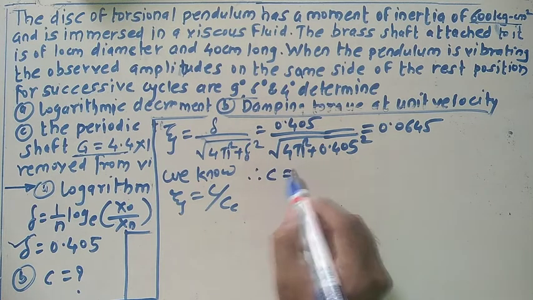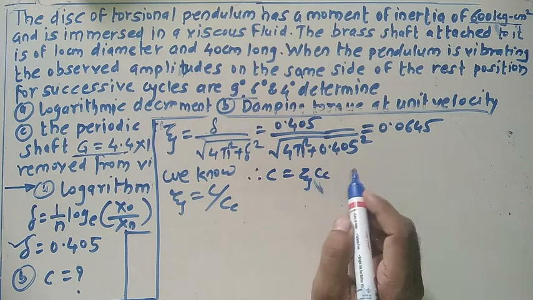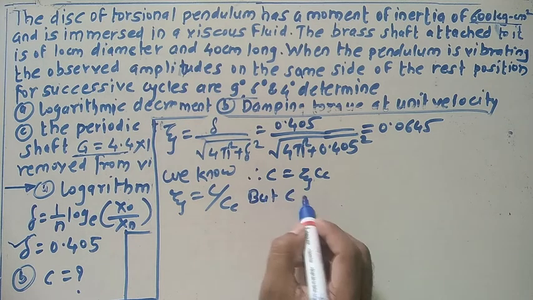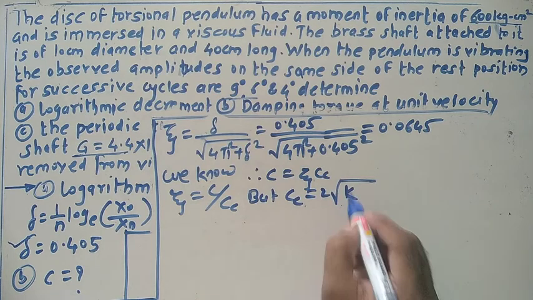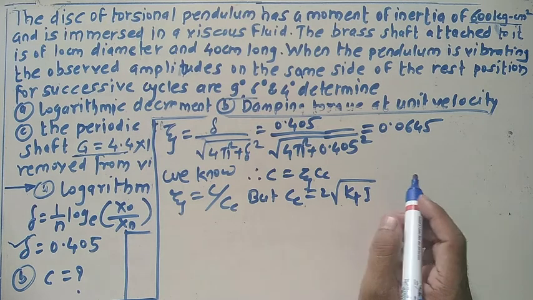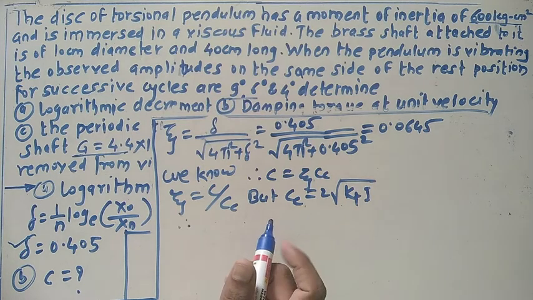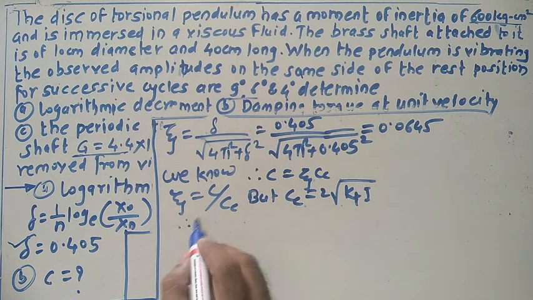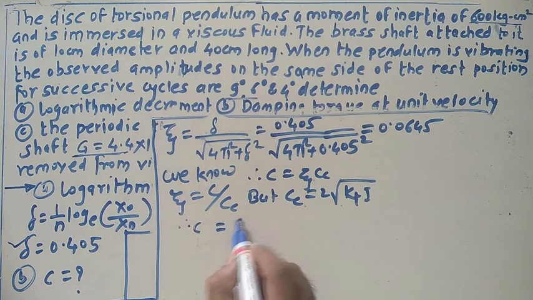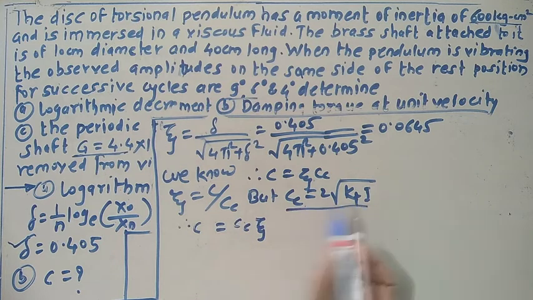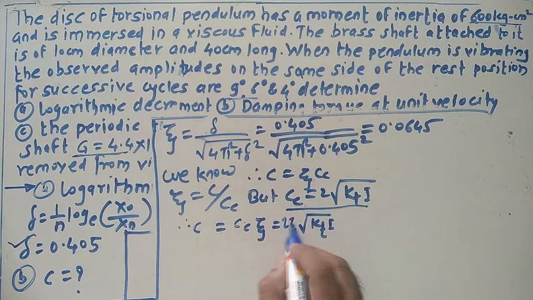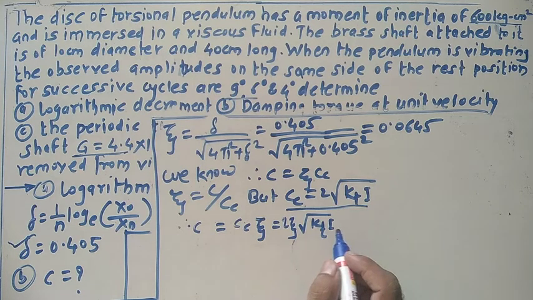C is nothing but zeta into Cc, and Cc is nothing but 2 into the square root of kt into I. Cc is already with us, so just substitute here: C equals 2 into zeta into the square root of kt into I.